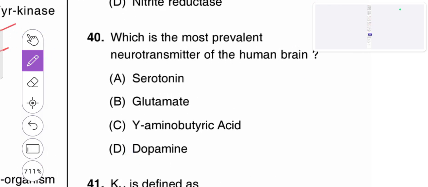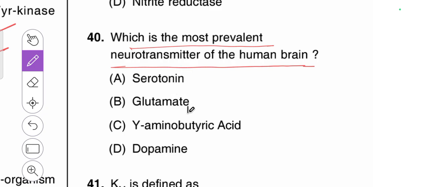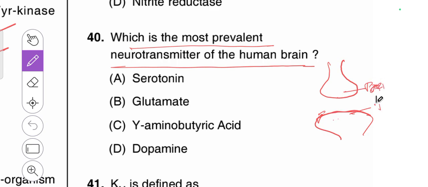Then 40th one, which is the most prevalent neurotransmitter of the human brain? Neurotransmitters are the chemicals which are produced in the synaptic portion of the neuron. This is considered presynaptic and this is considered postsynaptic.